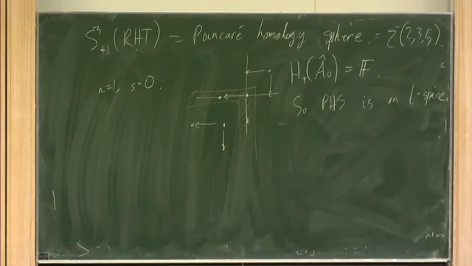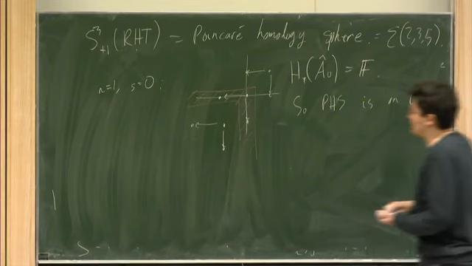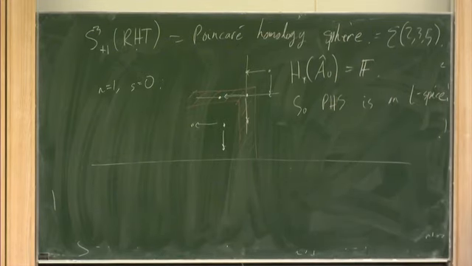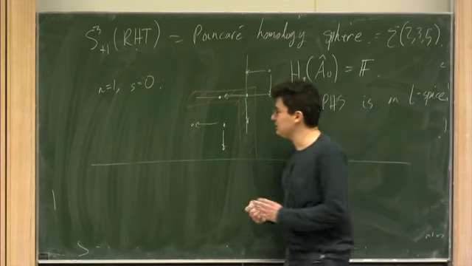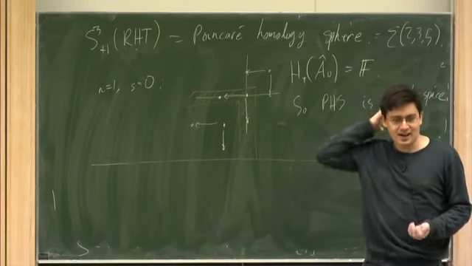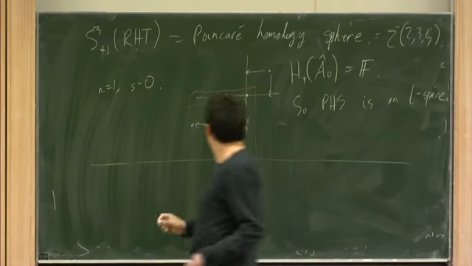Okay. Now, let's make one further observation. What about larger n? So, for larger values of n, what could these A hat complexes look like?